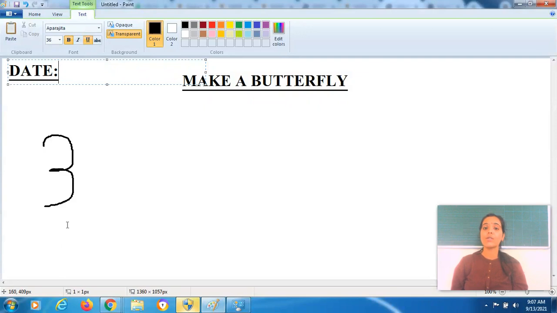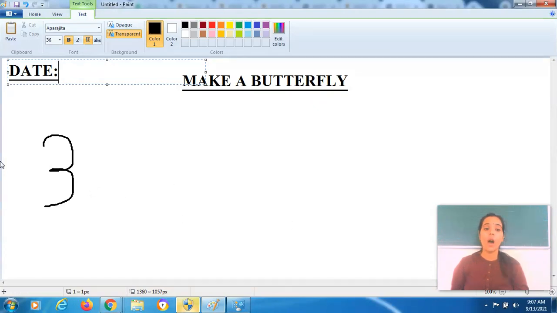Okay, so this is your today creative task which you all have to complete. Okay, and then you have to make your butterfly beautiful with the help of coloring with your crayons. Okay, you can also use pencil colors if you have, otherwise you can do coloring with crayons. Okay, so that's all about your today creative task.